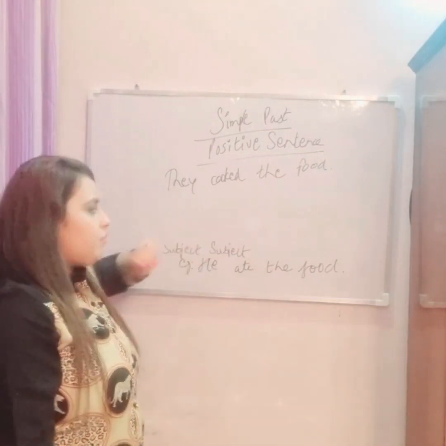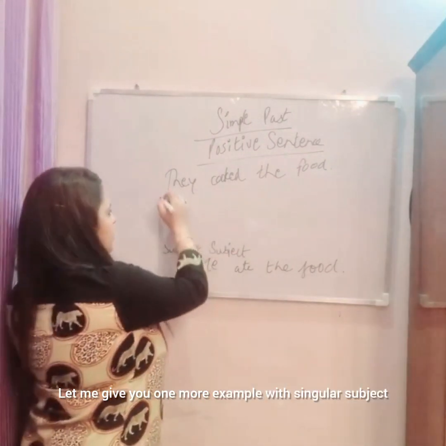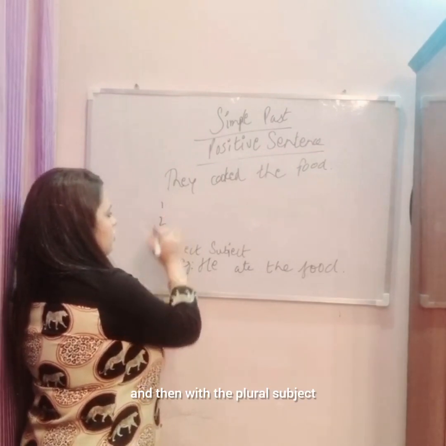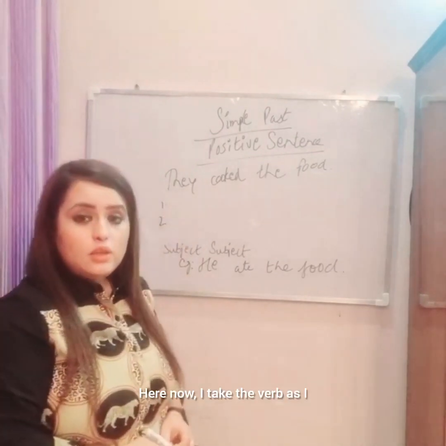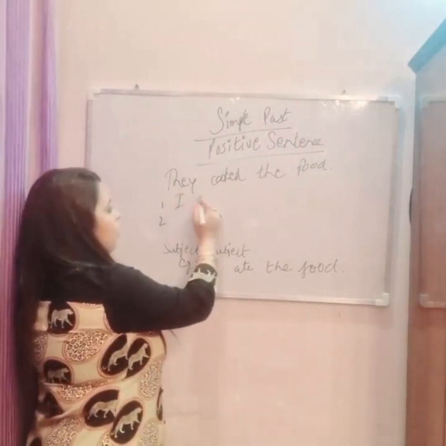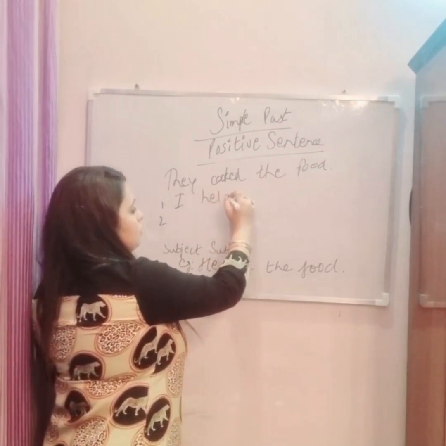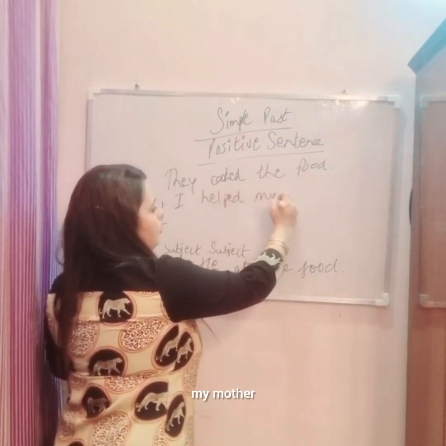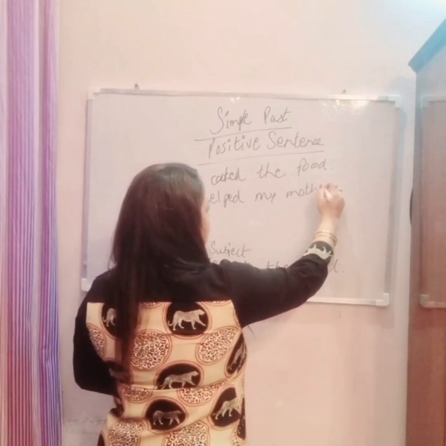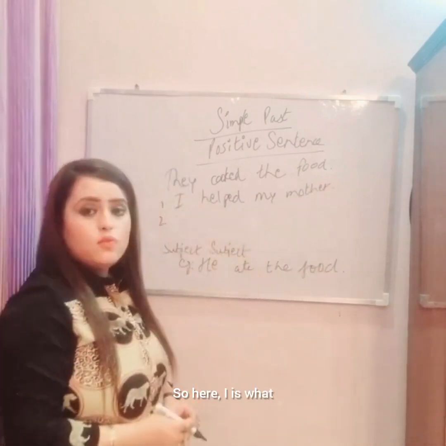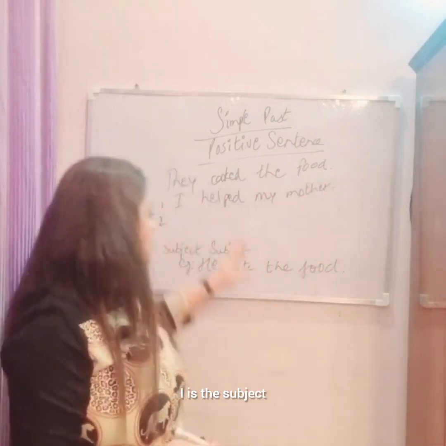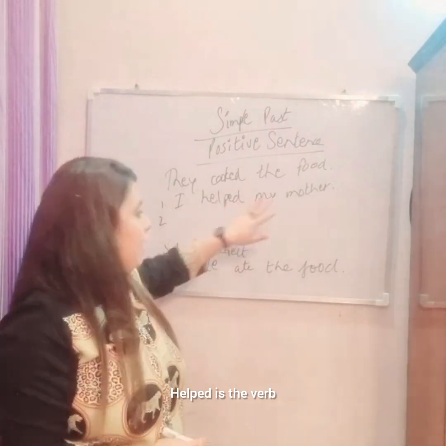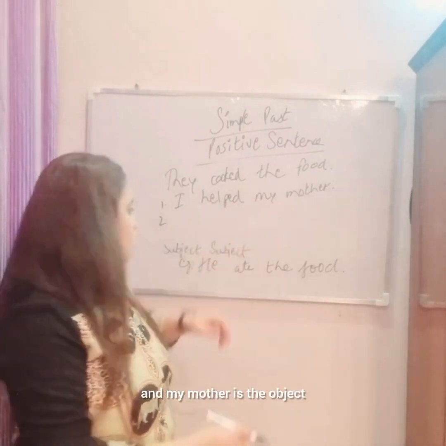Okay, let me give you one more example with singular subject and then with the plural subject. Here now I take the subject I: I helped my mother. So here I is the subject, helped is the verb, and my mother is the object.